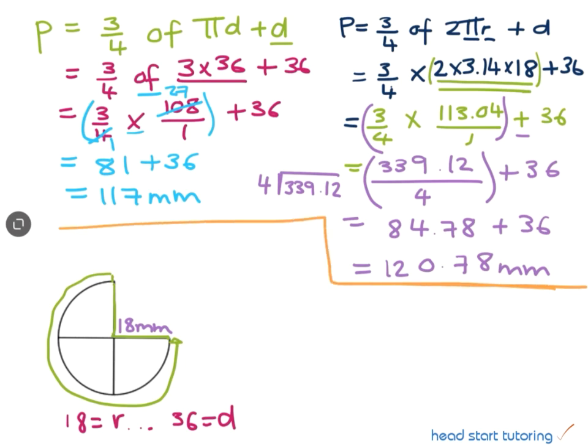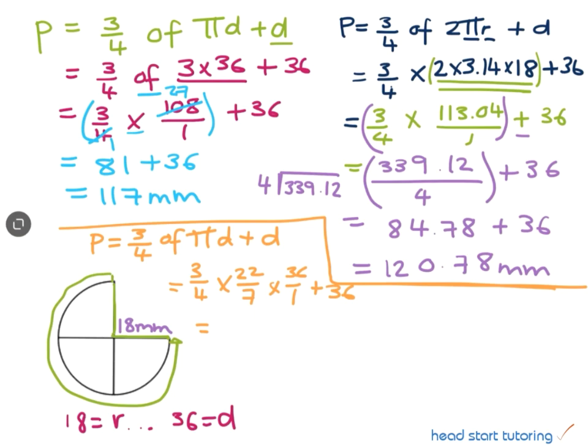Right, so now let's have a look at the perimeter of this 3/4 of a circle using pi equal to 22/7. So again, we write down our formula, 3/4 of pi times diameter, plus our diameter. Right, so 3/4 multiplied by pi, which is 22/7, multiplied by 36/1, which is our diameter, and then we plus our diameter, which is 36.